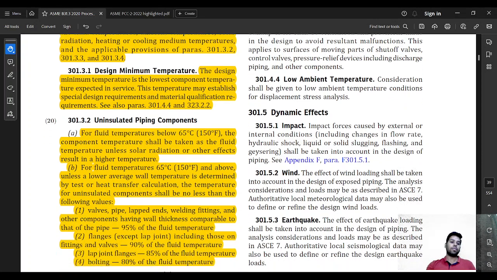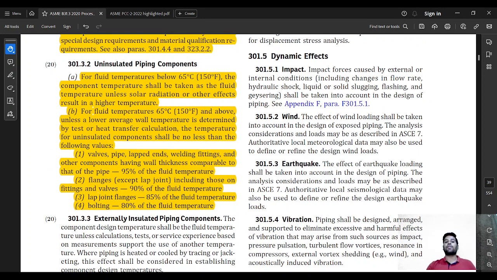For uninsulated components, for fluid temperatures below 65 degrees Celsius, the component temperature shall be taken as the fluid temperature unless solar radiation or other effects result in a higher temperature.